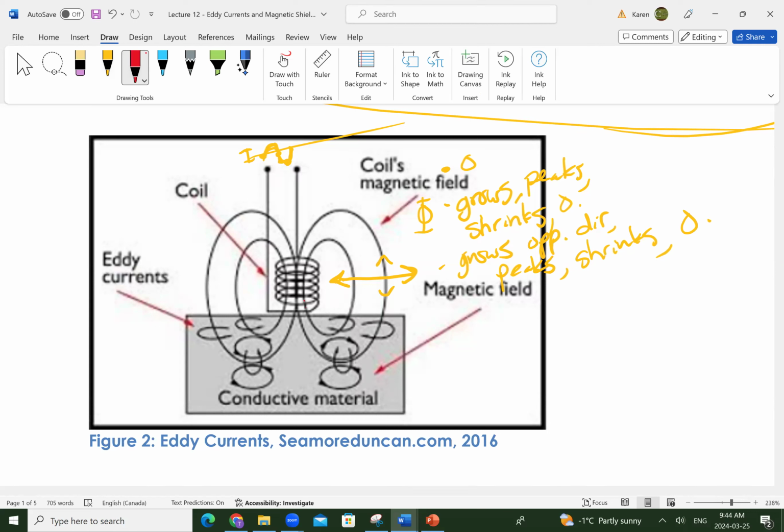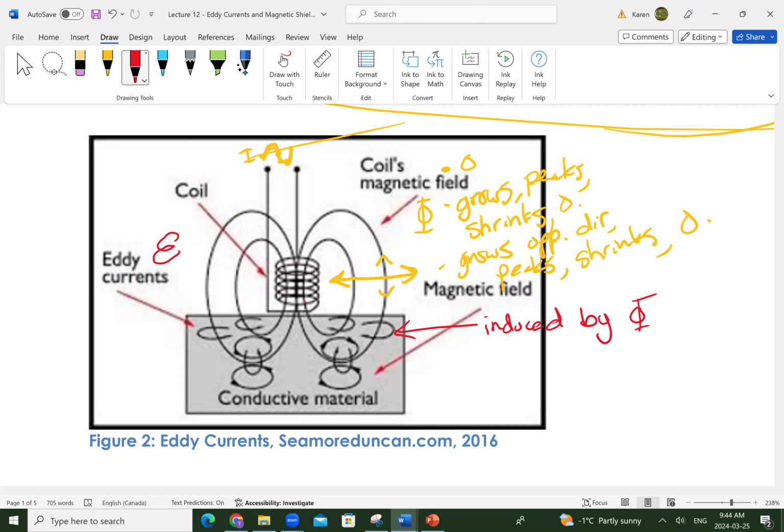And as we know, the eddy currents are induced by, and we don't have a nice symbol for eddy currents. Maybe we can make up our own. Maybe we can go like a script E for eddy. Induced by the magnetic flux.